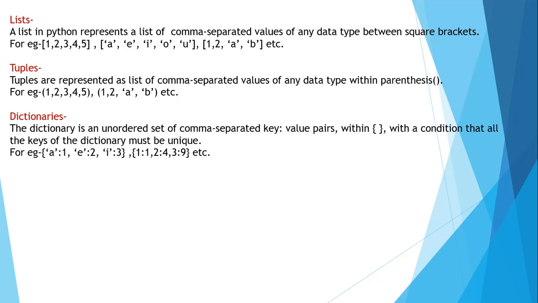For example, here we have 1, 2, 3, 4, and 5 enclosed in parentheses. So whenever the whole data is in parentheses, you are going to consider it a tuple in Python. Again, it can have numbers, strings or characters, and also a mixed form.